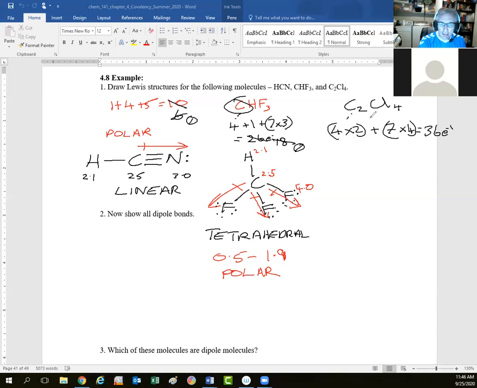Looking at the central atom, carbon needs another 4 to make 8. Each chlorine only needs 1 to make 8. So carbon should be the central atom. We'll connect it to the other carbon. And then we can spread those 4 chlorine atoms around the 2 central carbons.